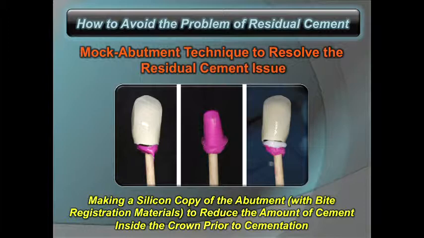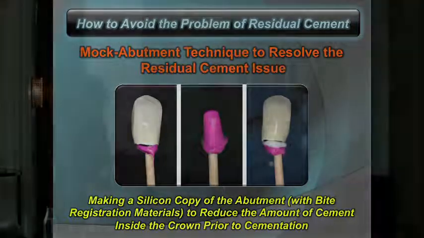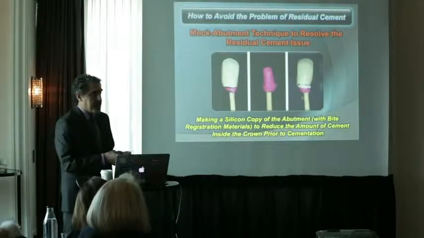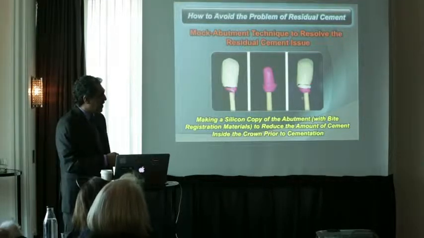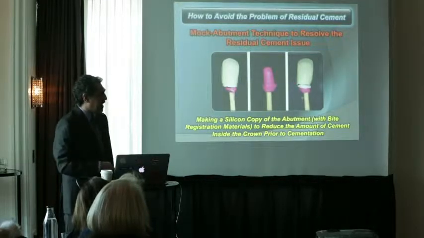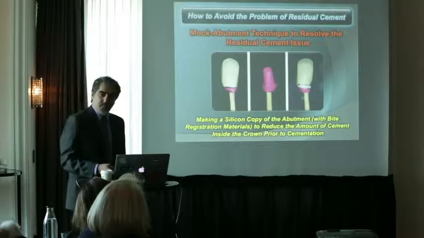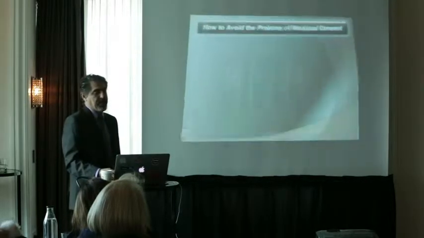Before cementing your crown, you put the cement inside the crown, put the duplicate abutment inside it, the excess cement is going to go away, and now you can place the crown in. That will help quite a bit with the cementation.